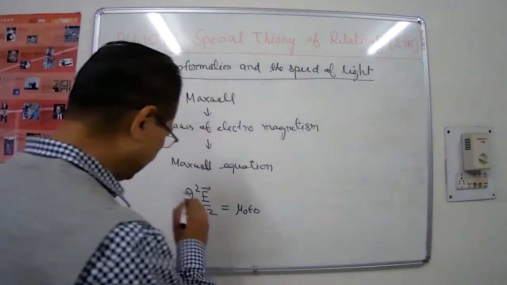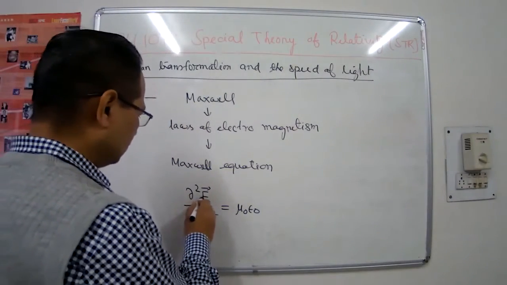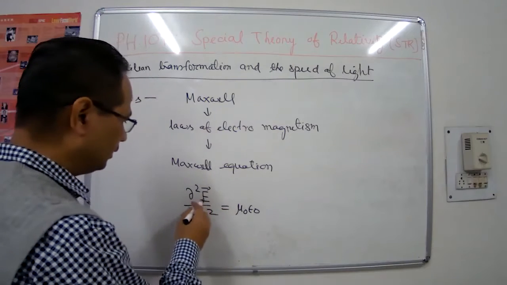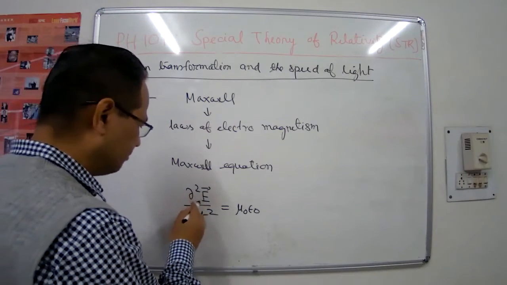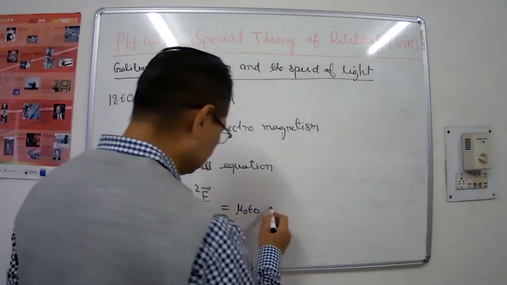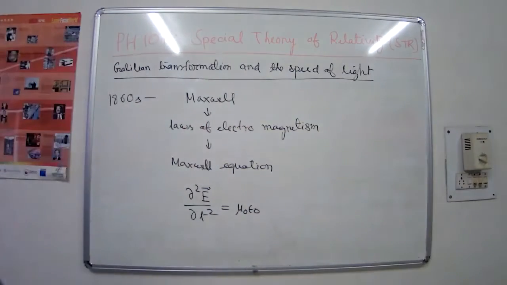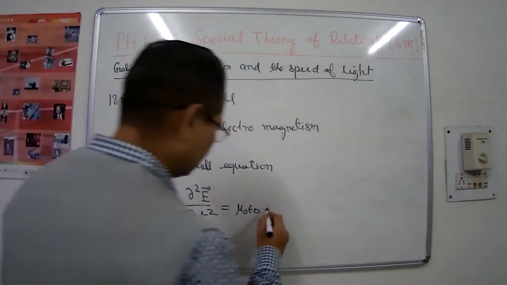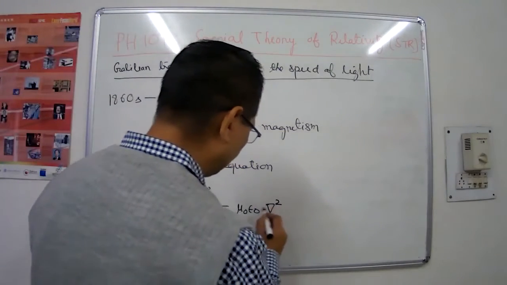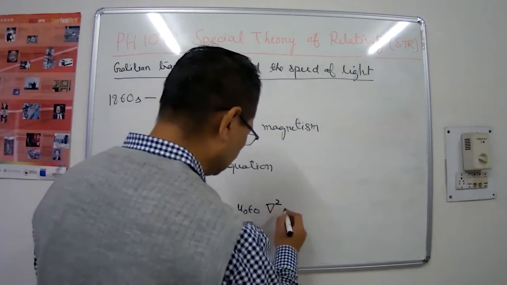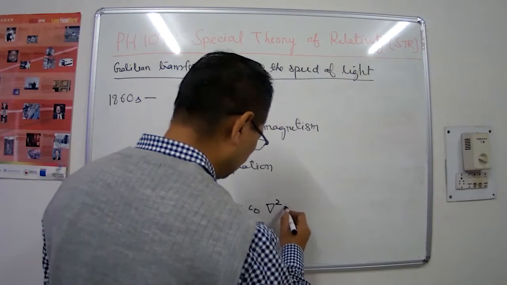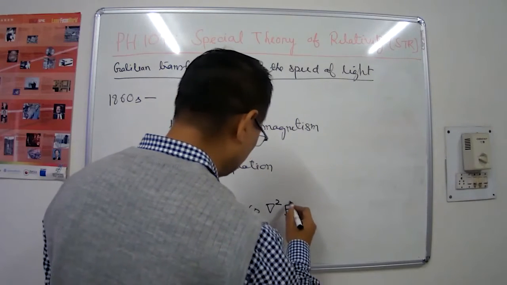Under that assumption, the electric field behaves in such a way that the second time derivative of the electric field is equal to mu naught epsilon naught times del square E. Probably you are familiar with the del square operator; this is the second derivative with respect to the space coordinate.